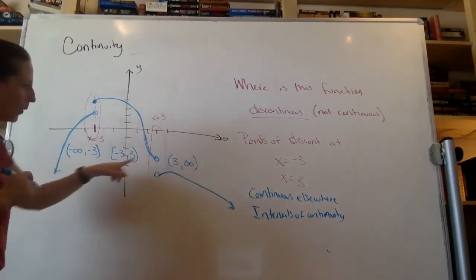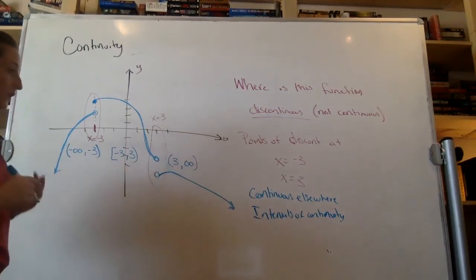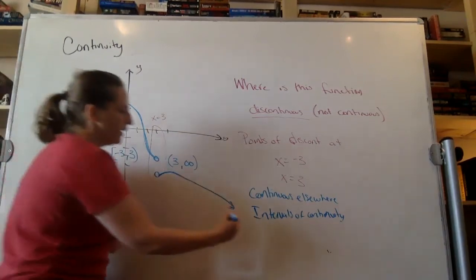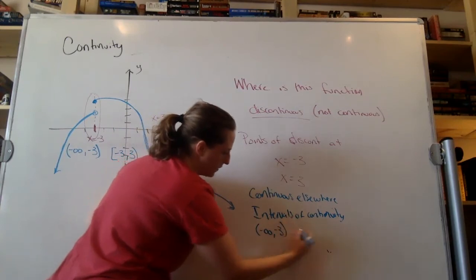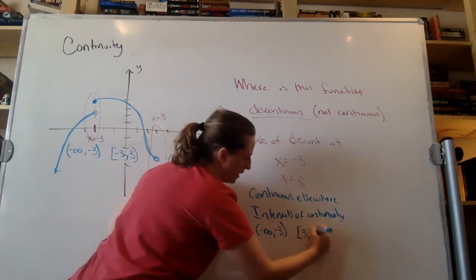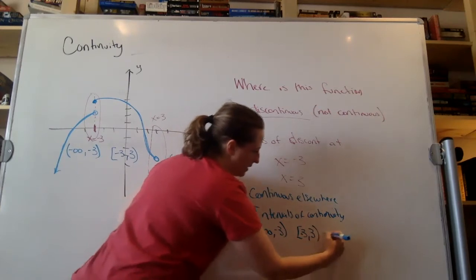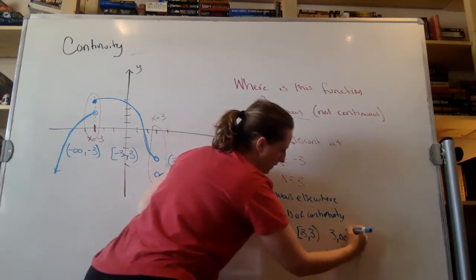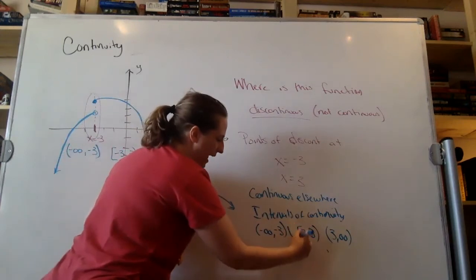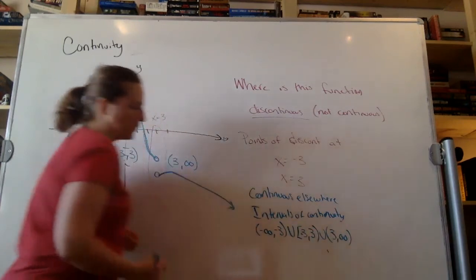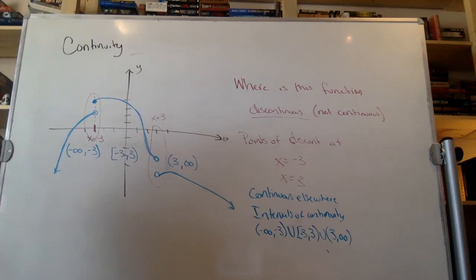So here are our intervals of continuity. I could write them all down here: negative infinity to negative 3, negative 3 to 3, and 3 to infinity. And then in general, we join those with the mathematical and, which is the union symbol. It looks like a U, but that's the mathematical and.